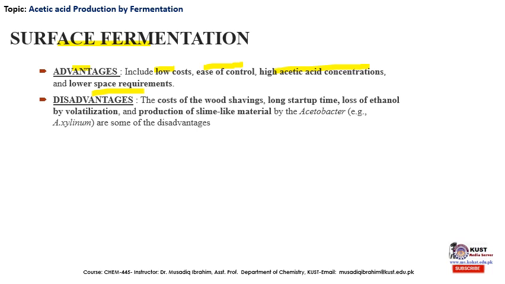The disadvantages are the cost of the wood shavings, which is very expensive, long startup time, loss of ethanol by volatilization, and production of slime-like material by the Acetobacter, for example Acetobacter xylinum.